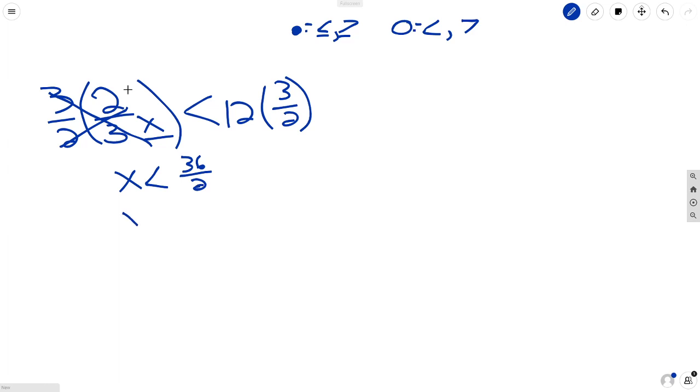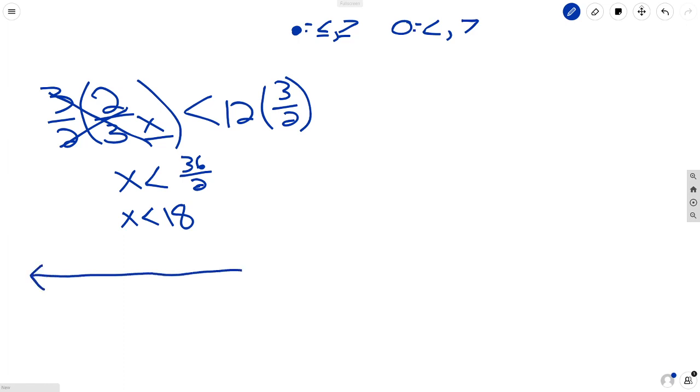But remember, that is not an acceptable answer for us. So x is actually less than 18. So notice we really didn't do anything different from solving an equation. It just, instead of the equal sign, we had the less than sign.